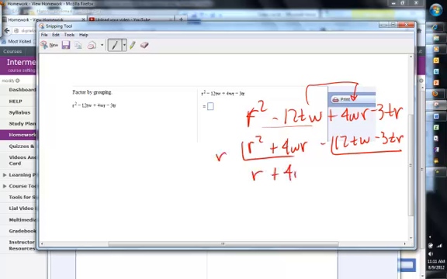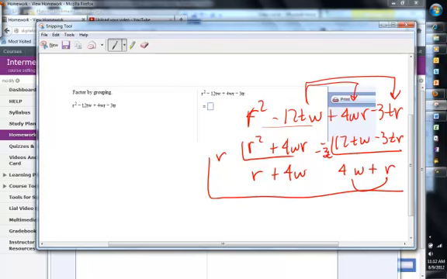and we're left with r plus 4w. Take a negative 3 out of the second ones, negative 3t, and we're left with 4w plus r, which I guess we should have switched these two around. Then these two would have been switched around too.